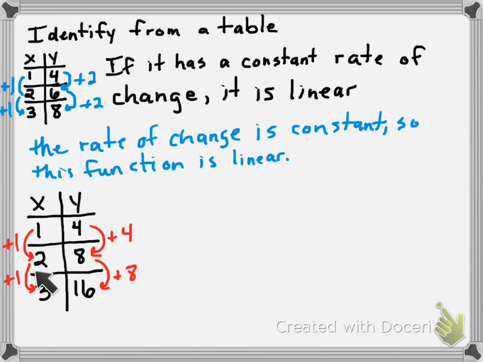And from the second x to the third, it still only went up 1. So it went up 4 over 1, then up 8 over 1. That's not the same. So that's not constant. Okay, so for this function, the rate of change was not constant. So this function is nonlinear.